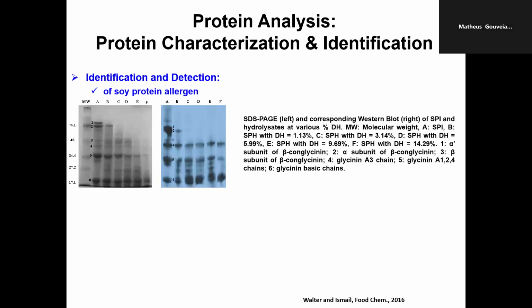In this case, we ran the proteins, looked on the gel, and then we transferred. We looked at all these proteins that lit up, meaning all of them are allergenic. Then we subjected them to different hydrolysis, and with more hydrolysis, we reduced the immunoreactivity.